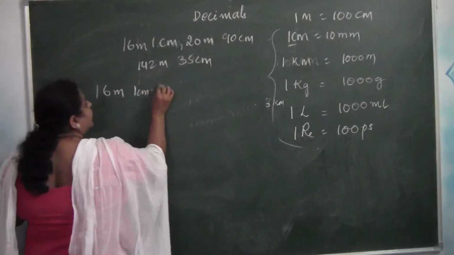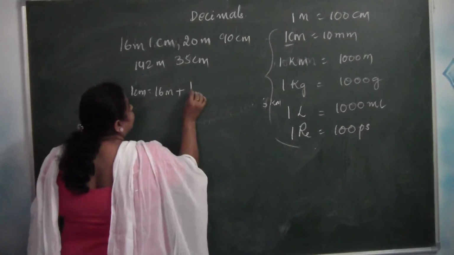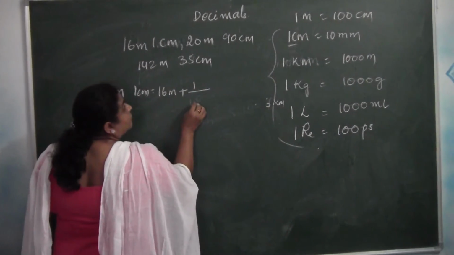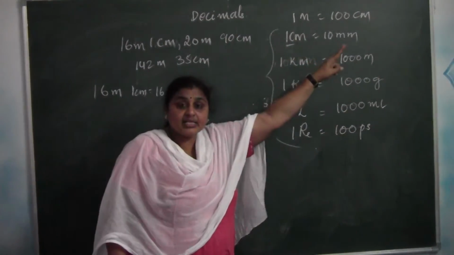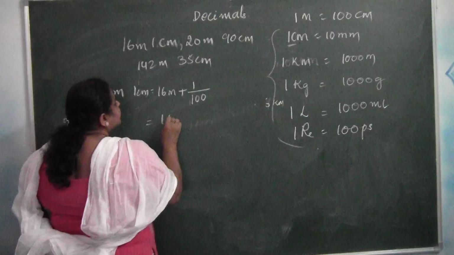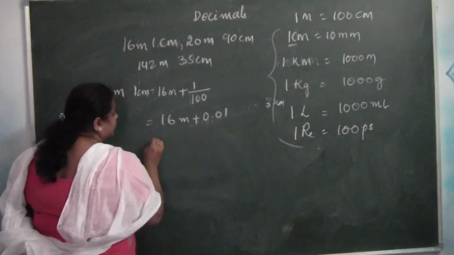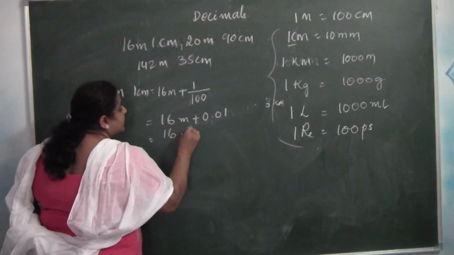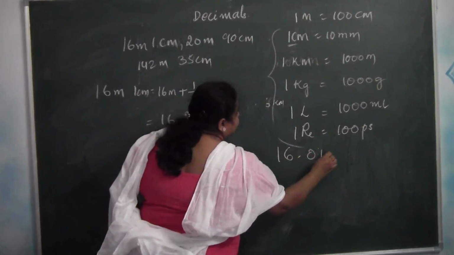Already 16 is in meters, and 1 centimeter is 1 by 100 because 1 meter is 100 centimeters. So what do we get here? 16 meters plus 0.01, that is 16.01 meters.